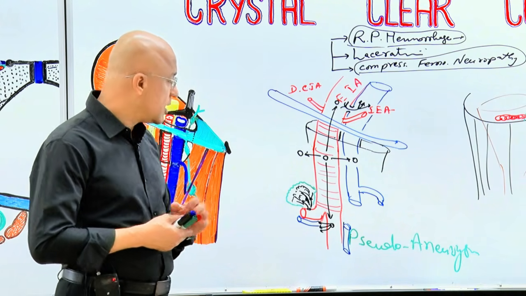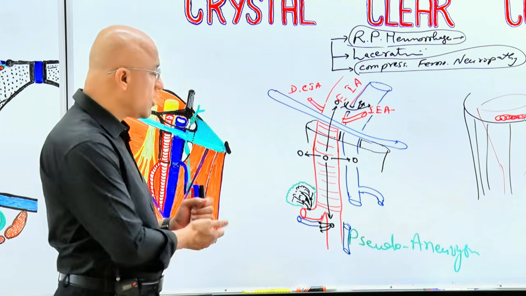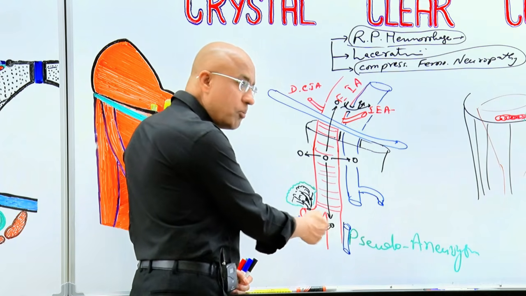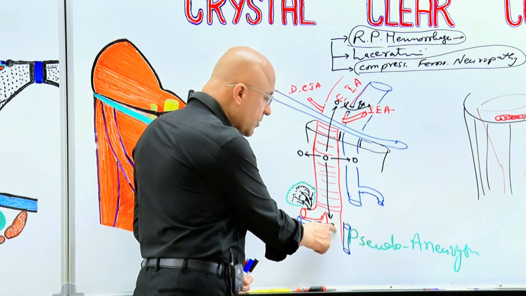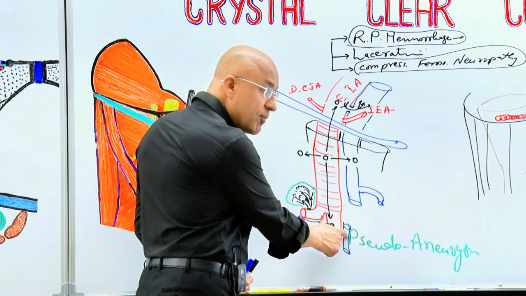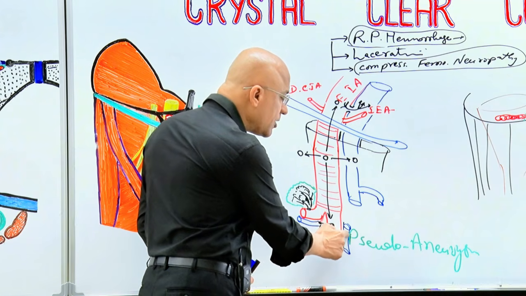So what happens? If the needle goes through and through, then when you pull out the needle, or you pull back the catheter, what will happen? Blood from the high pressure will go to the low pressure, and this will make an arteriovenous fistula.